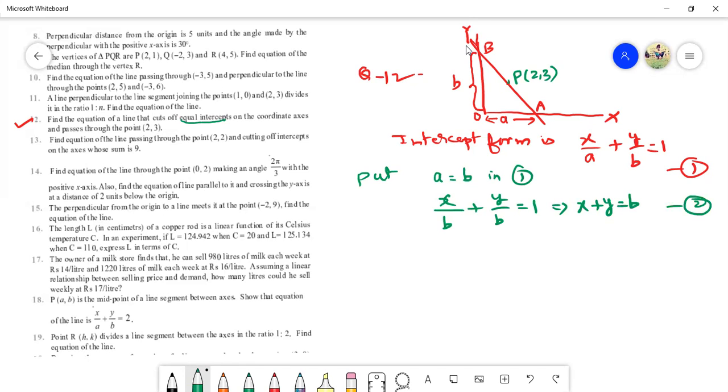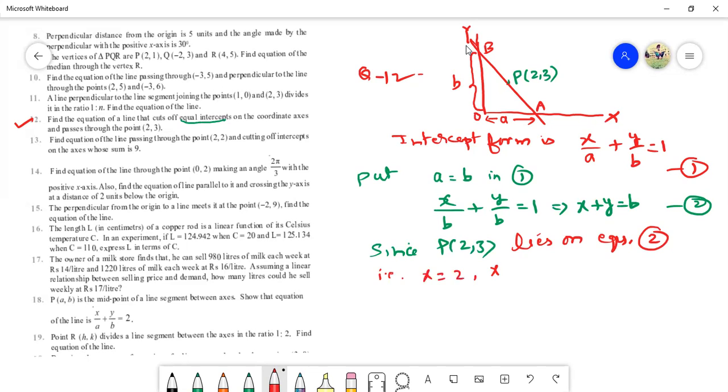Question number 2. And this equation is having the point P. Whenever any point is lying on the line, it will satisfy the equation. So since point P (2, 3) lies on the second equation, it will satisfy it, that is we can put x is equal to 2 and y is equal to 3 in equation number 2.